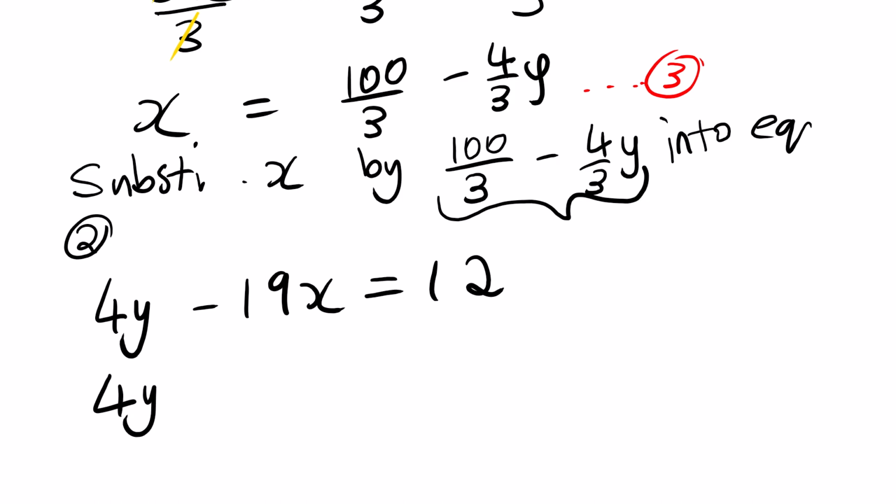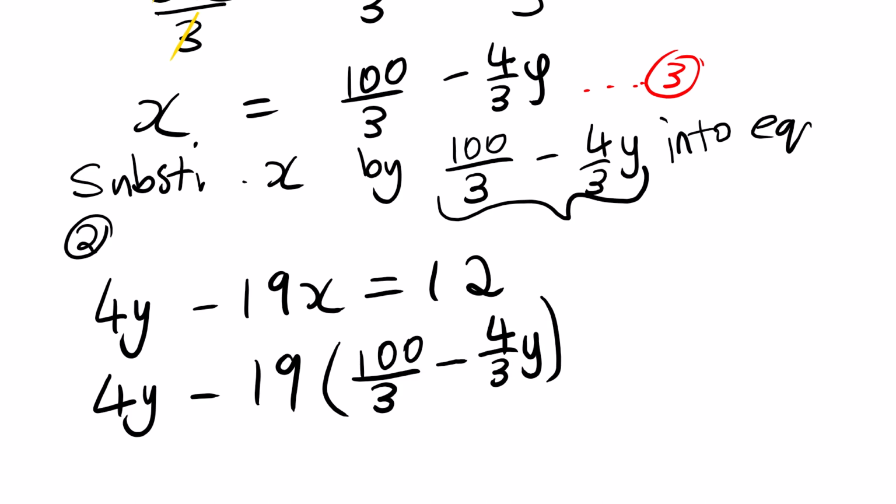Now we have 4y minus 19, 100 divided by 3 minus 4 over 3 y, equals 12.